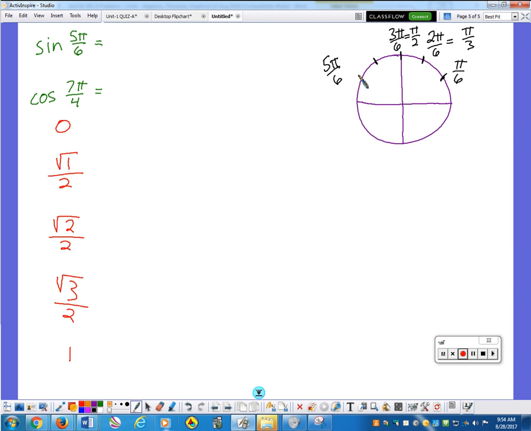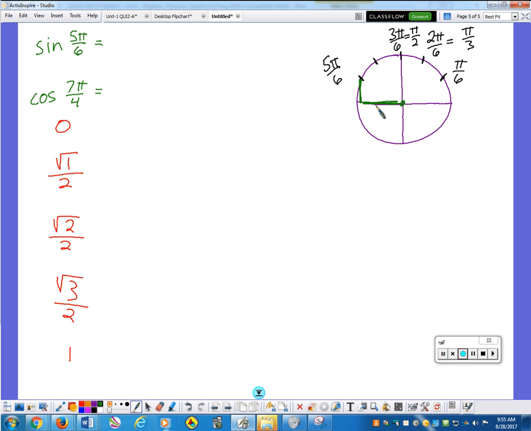Once I've counted the angle, I look at my picture, I go from the center, and I simply move to the angle. So I go over a long distance, and I go up a short distance. The sine is always the up and down. The cosine is always the back and forth.